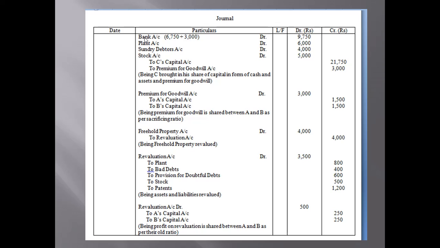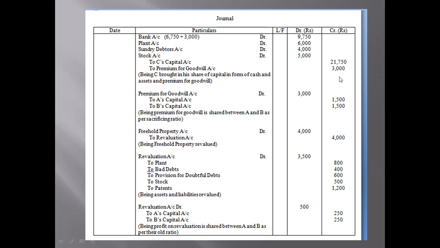Fit this bank account wherever you want. Write the amounts of plant, but don't write the amount of bank right now because we don't know how much it will be. So write plant 6,000, debtors 4,000, stock 5,000.